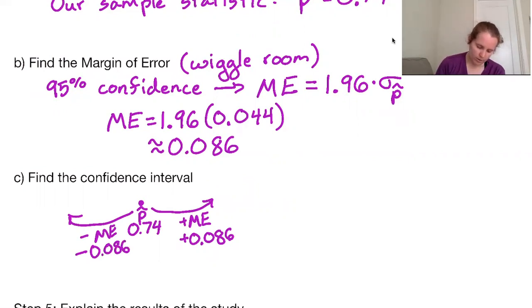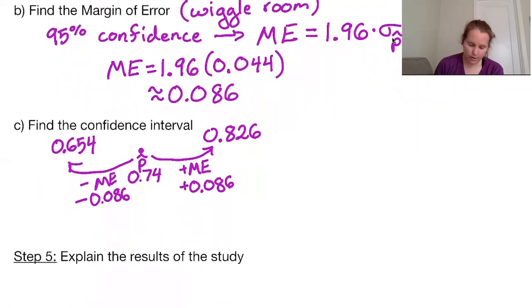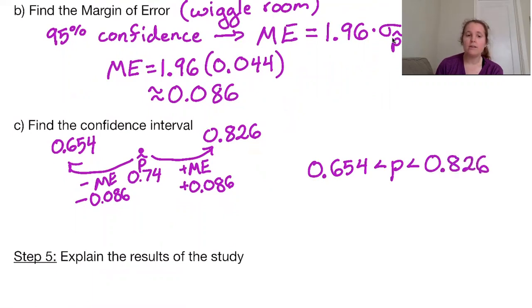This top one becomes 0.826, and on the bottom, we should have 0.654, if I did my arithmetic correctly. So our confidence interval winds up being 0.654 is less than p is less than 0.826.